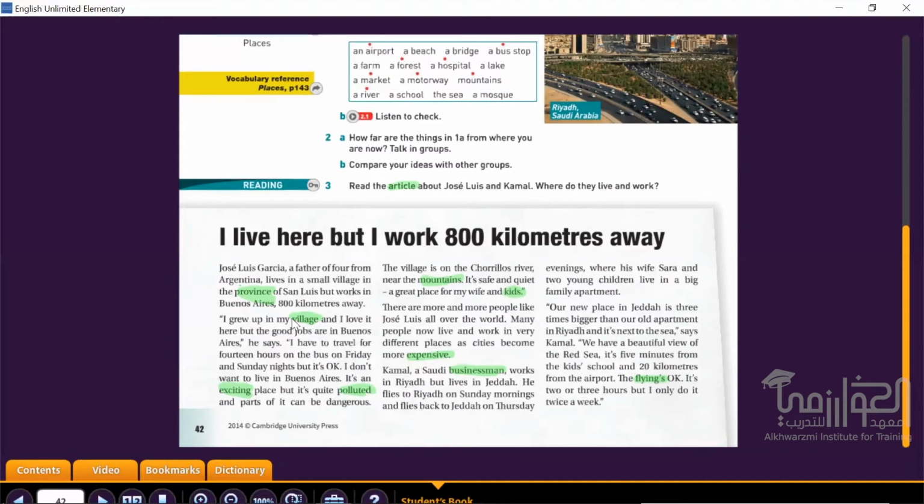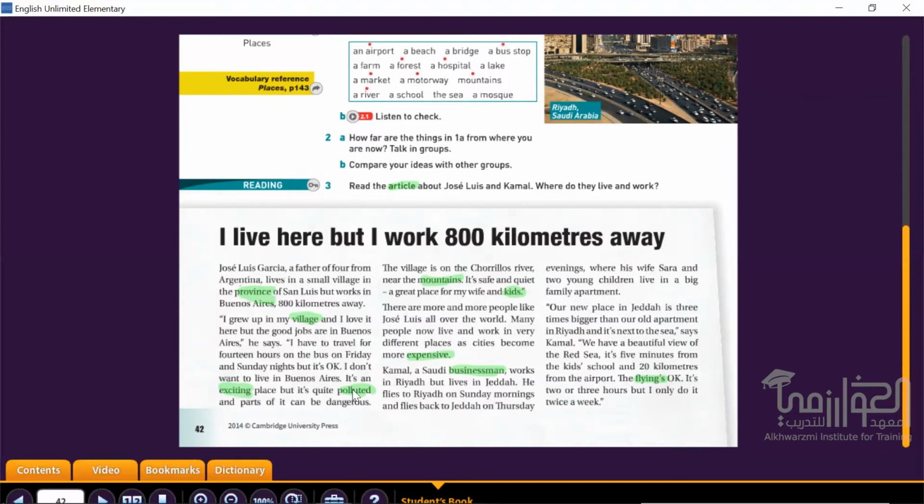Before you read, let's look at some keywords, important words, or new words for you to learn. We have a province. We said it is like muntaka, like a region or a metropolitan area. Then we have a village. Village, it means Karya. And then we have exciting, that is Muthir.